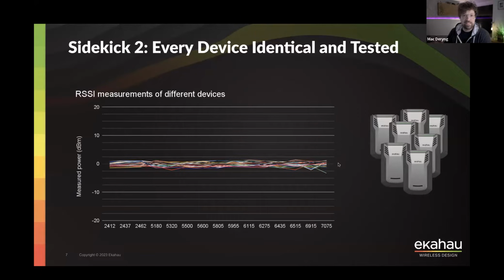And that is amazing, even if you have Matt and I starting on both sides of a massive warehouse doing a survey, and then we meet in the middle. We just hit the back button in our survey application. We've used different Sidekicks, but the data will be comparable. It will be of very, very high quality. So every Sidekick will be pretty much identical. And this is important. Yeah, massively.